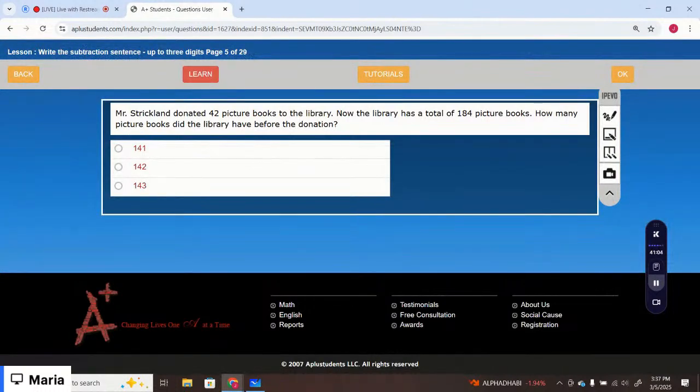Mr. Strickland donated 42 picture books to the library. Now the library has a total of 184 picture books. How many picture books did the library have before the donation?